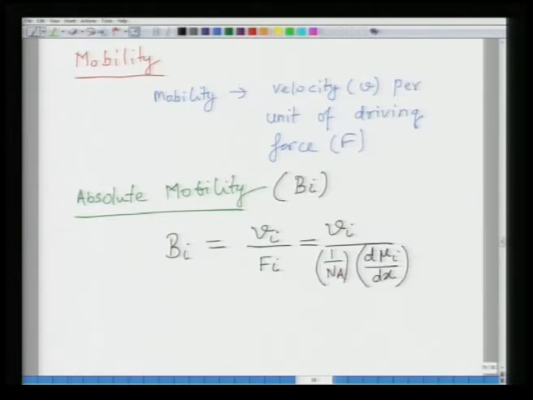Here you can see the units: this is your Avogadro number, and mu i is the chemical potential of species i.